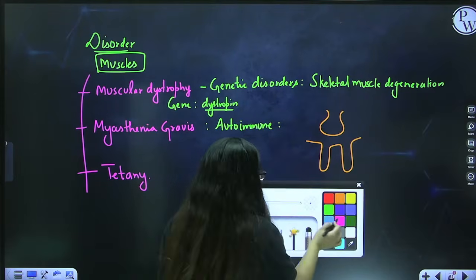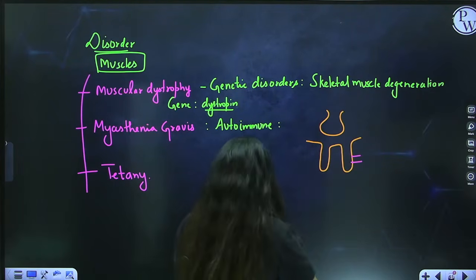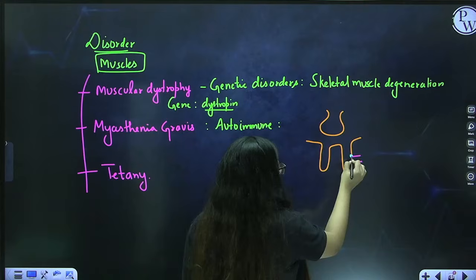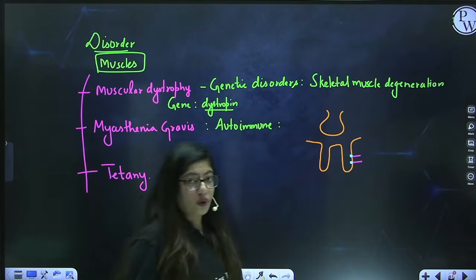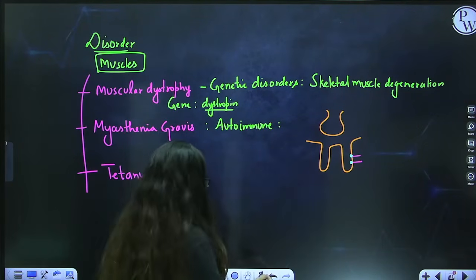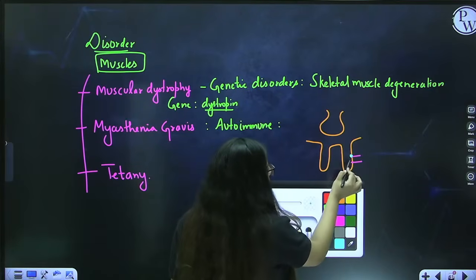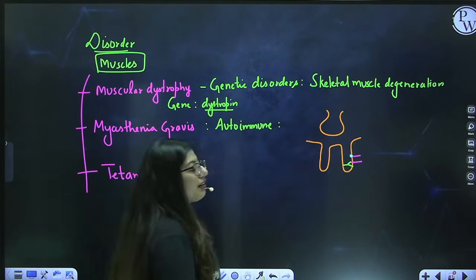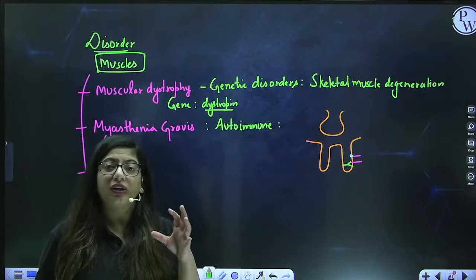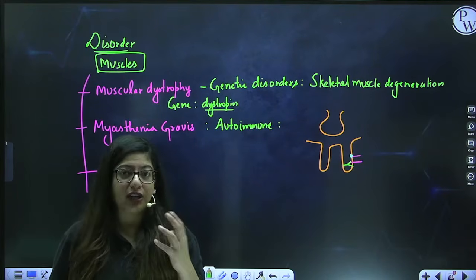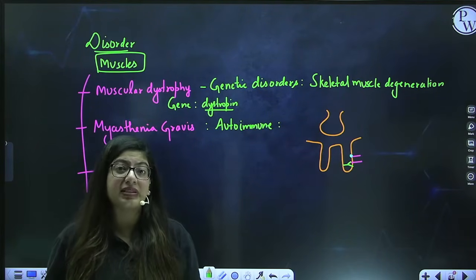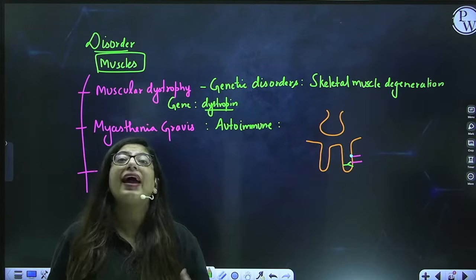In muscles, we have these sodium ion channels, and ACH was attaching to these channels. Now ACH cannot attach to them. Why? Because they are attacked by antibodies. So ACH cannot bind, and then there will be no muscle depolarization or excitation.